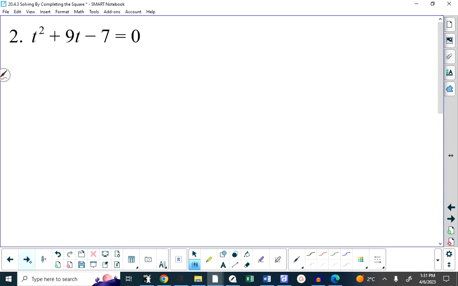All right, let's try another one. t squared plus 9t minus 7. Well, this is not factorable. So we're going to leave some room to add something. We have our minus 7. We're going to leave some room to correct something and then equal 0. I'm going to force us to work with fractions and exact values here.